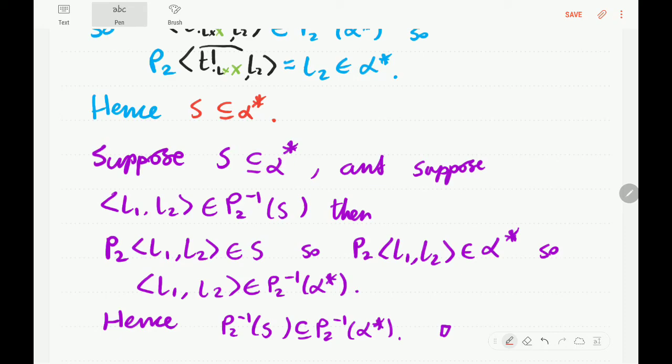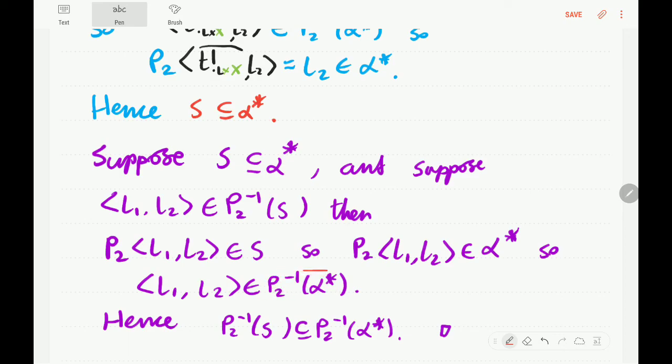And now we're going to suppose we've got a general element L1, L2 of the pullback of S along P2. Well, that means that P2 after L1, L2 is going to be in S, which means that P2 after L1, L2 is in alpha star, which means that L1, L2 is in the pullback of alpha star along P2.